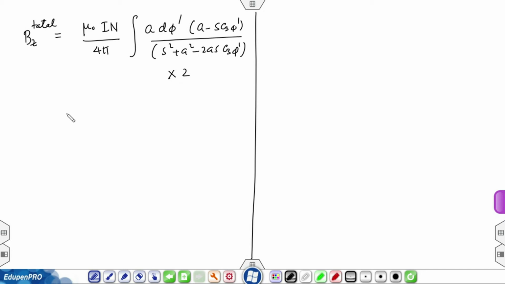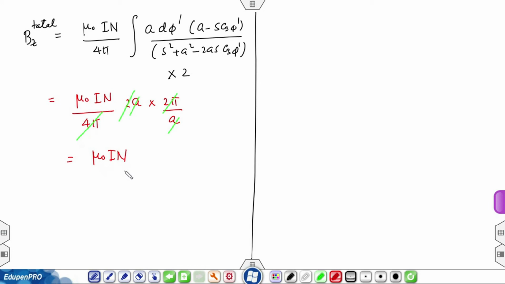So, from the integral that we have calculated, this is mu 0 I n over 4 pi times a, times 2 pi by a. The a cancels, 4 pi cancels, and you get mu 0 I n.